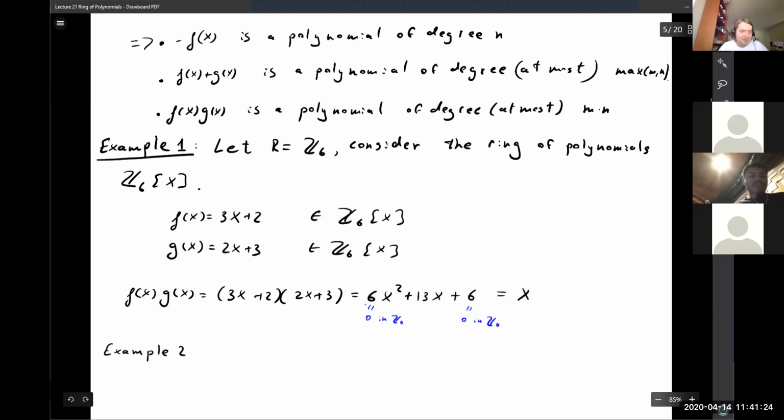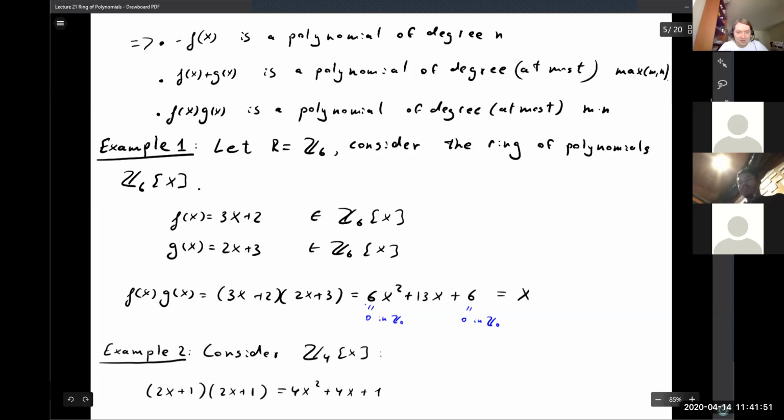So let's look at example 2. Here, let's consider a ring of polynomials over Z4. And let's multiply the polynomial 2x plus 1 by itself: 2x plus 1 times 2x plus 1. What we get is 4x squared plus 4x plus 1, which is 1.